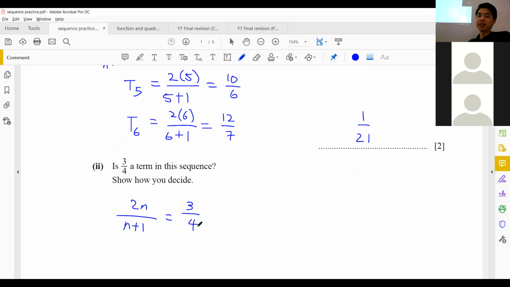And if we find that the nth term is equal on both sides, on the top and bottom, then we can determine if this number belongs in the sequence or not. So basically this is an algebra question already. In this case, you're trying to solve 2n over n plus 1 equals 3/4. How do we solve algebraic questions like this?